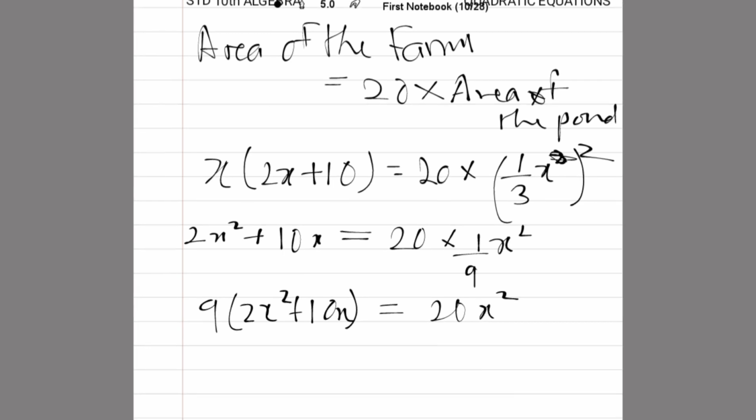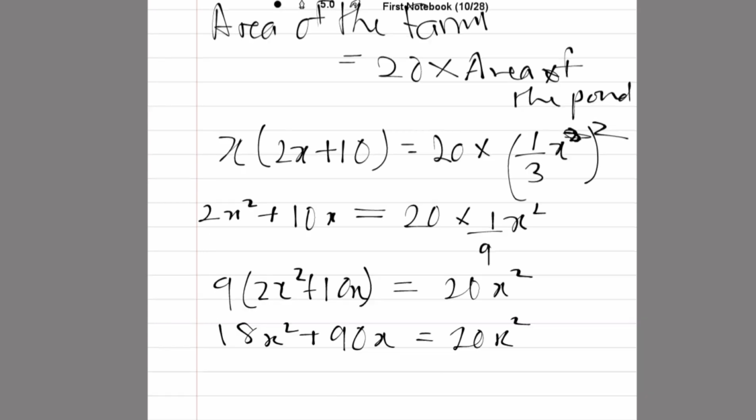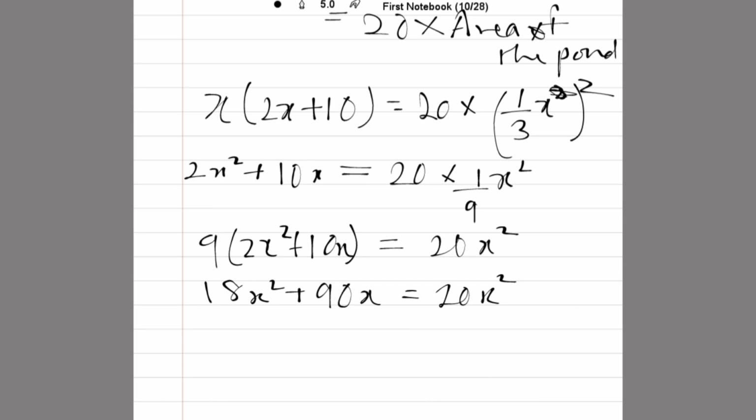So 9 into 2 will be 18x square, and 9 into 10 will be 90x is equal to 20x square, right? Now this 18 we will take on the other side, and we will get 2x square is equal to 90x.